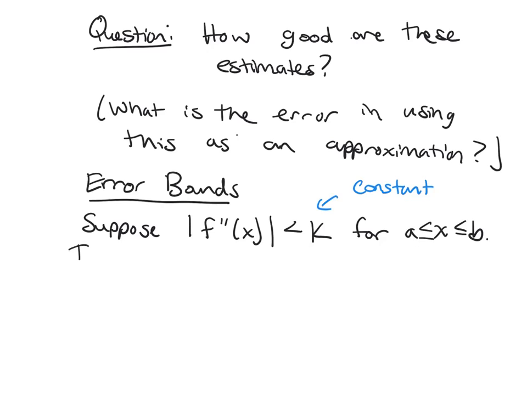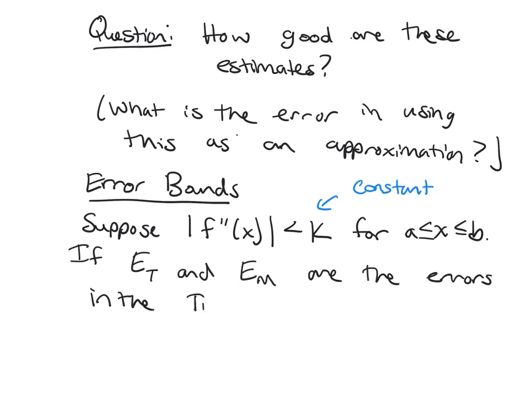So if I call E sub t the error for trapezoidal and E sub m the error for midpoint, these are the errors for n, the trapezoidal rule and midpoint rule.